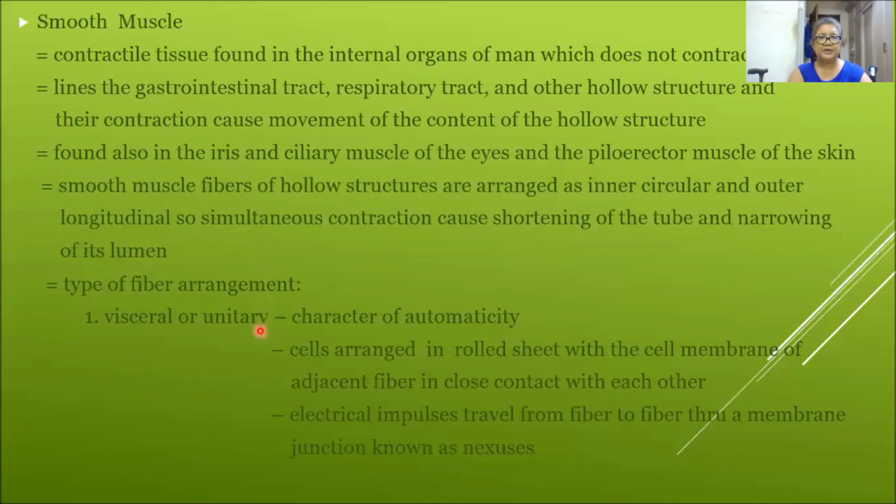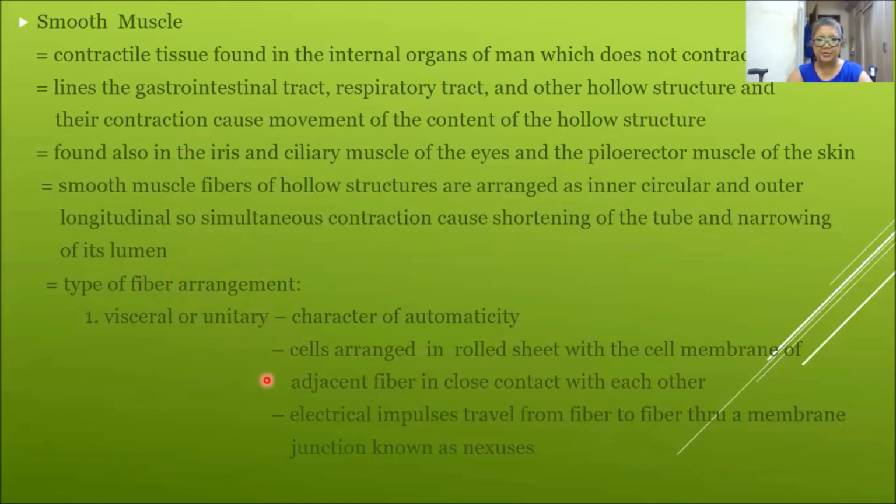Now, there are two types of fiber arrangement: the visceral or unitary fiber arrangement of the smooth muscle. This is the character of automaticity. Cells are arranged in rolled sheath with cell membrane of adjacent fiber in close contact with each other.